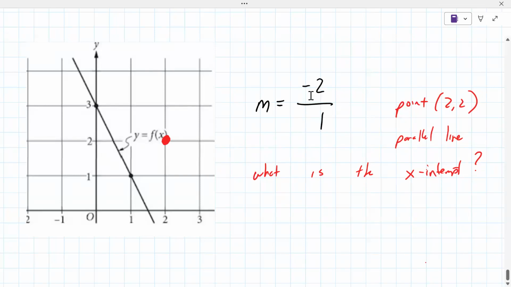Down 2 and right 1. Yeah, down 2 and right 1. So where does it cross the x-axis? 3. I was thinking about the y-axis.